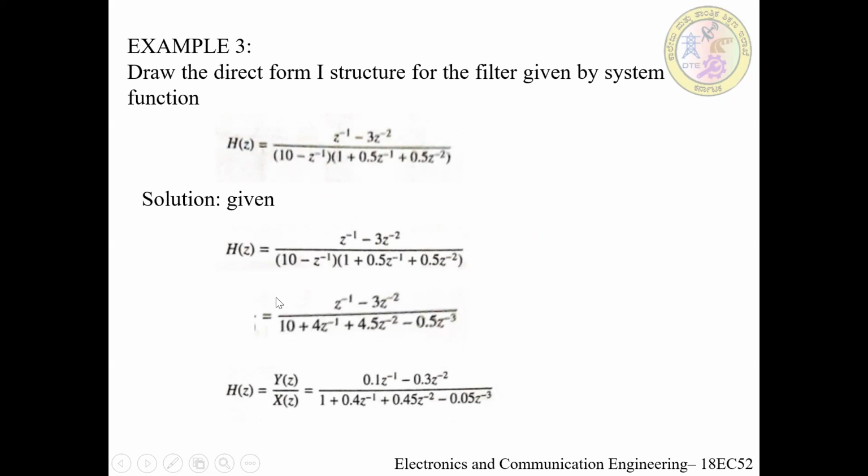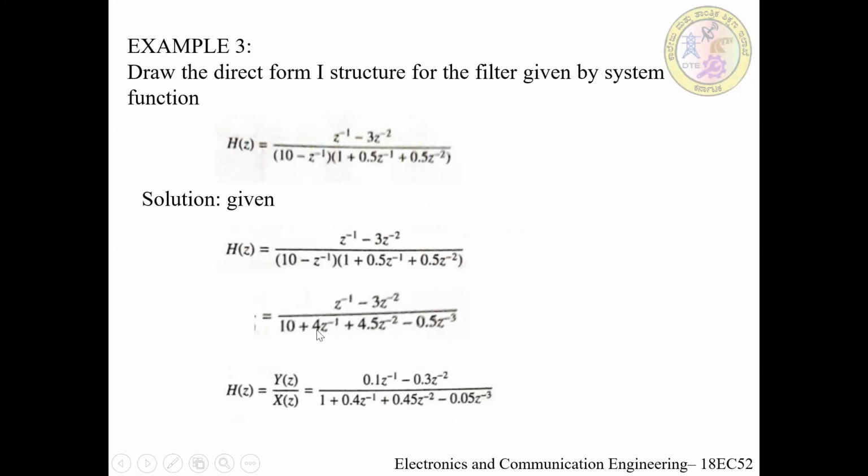So again we are further reducing this just by dividing all the terms by 10. So this becomes 1 by 10 is 0.1 z inverse, 3 by 10 is 0.3, that is 0.1 z inverse minus 0.3 z to the power of minus 2 divided by 10 by 10 becomes 1.